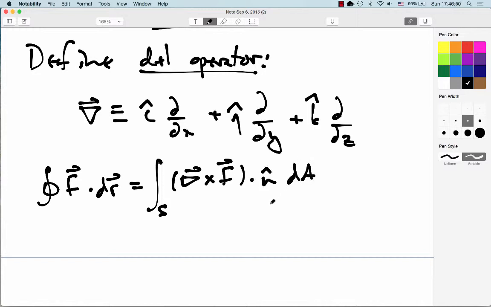Okay, now there's a lot of pieces to that, and a lot of these have names. This del cross f gets called the curl of f. This n here is the unit normal to the surface.